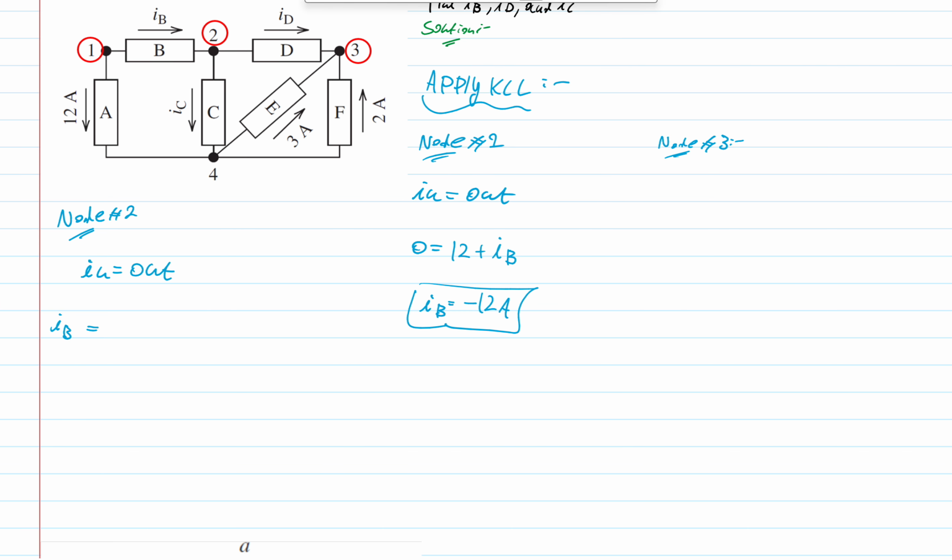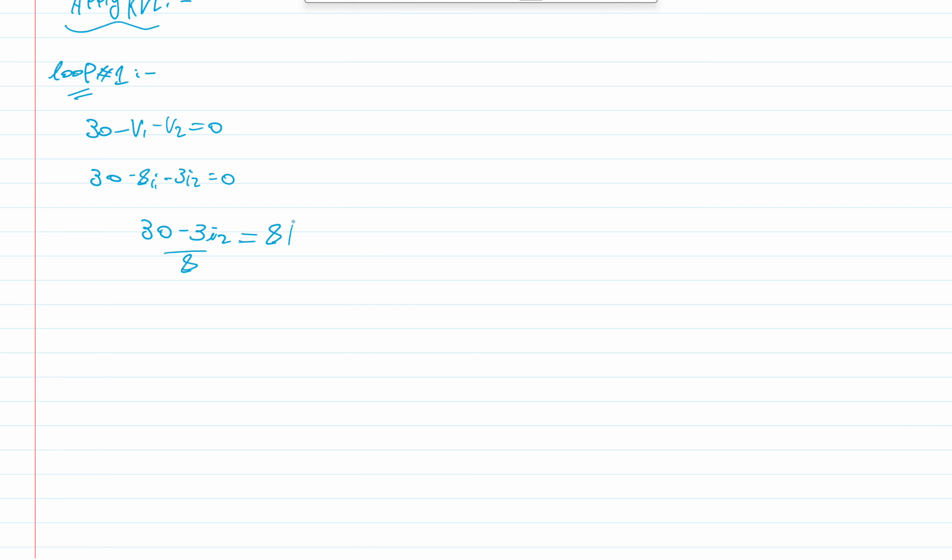All right. So finding for that, it's going to give us the value of 30 minus 3I2 over 8 is equal to I1, sorry. What we did here is that we just put it on the other side. That's the idea. 8 is cancelled.